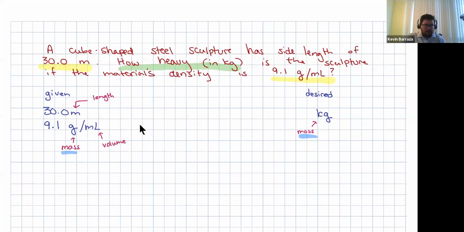How do these connect? Is there some outside information that I need to use, or is there information within this problem that I'm going to compute, I guess? And so we're going to go with the fact that you can turn length into a volume.